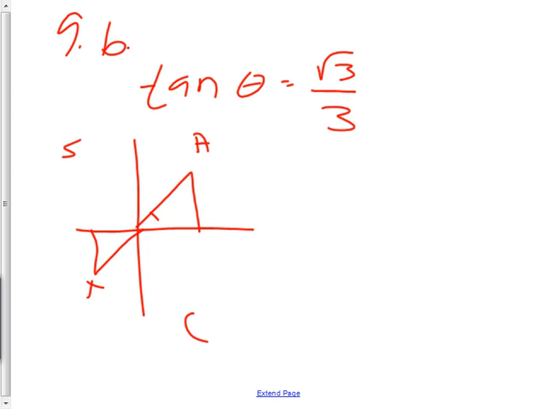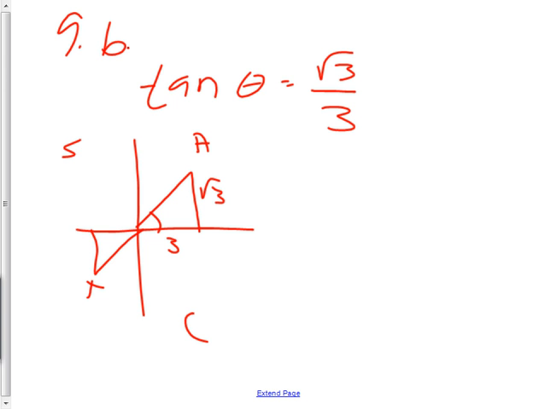But for this one, if tangent's opposite over adjacent, then do you have any idea, could this be a 45-45 triangle? If it can't be a 45-45, then it must be which one? 30-60. It's either 30-60-90 or 45-45-90. All right, so if you're not sure, then just figure out the third side first of all. 3 squared is 9.